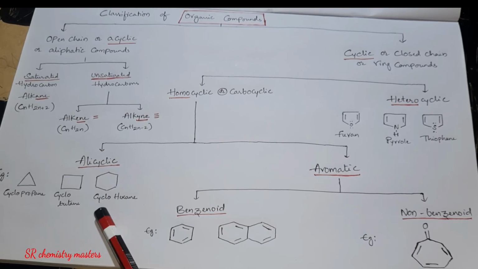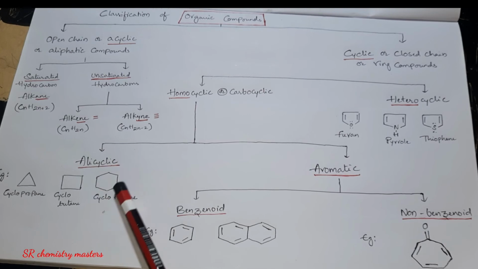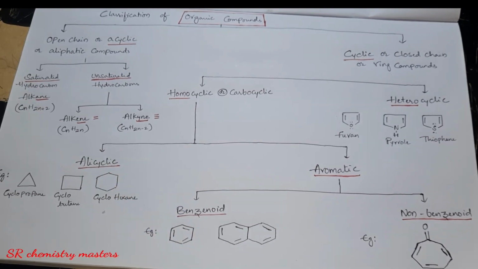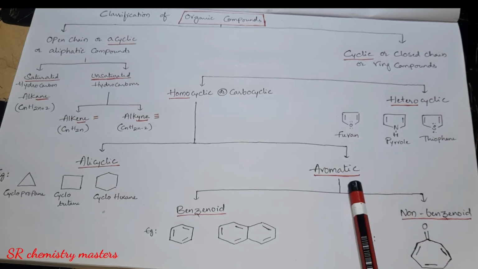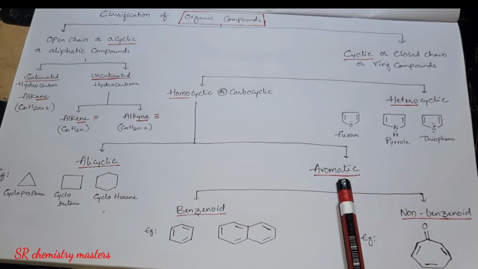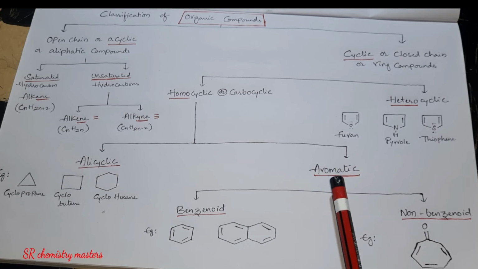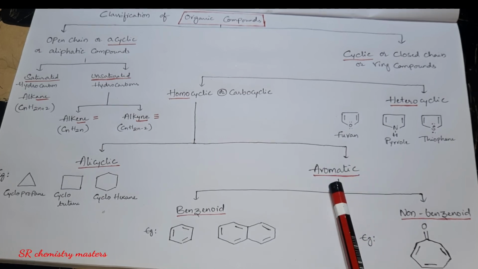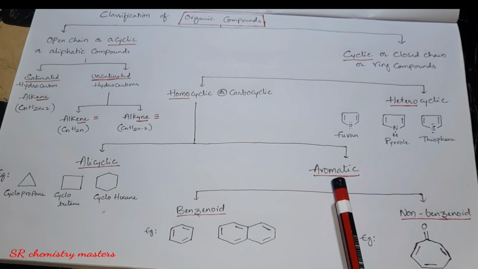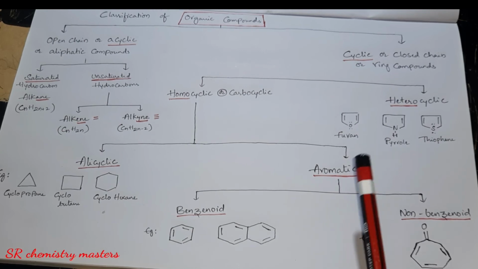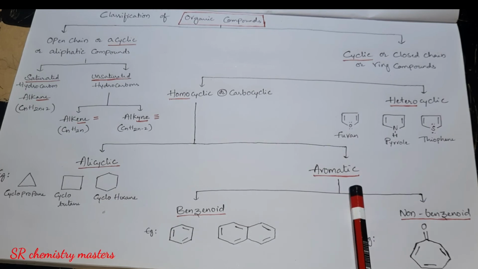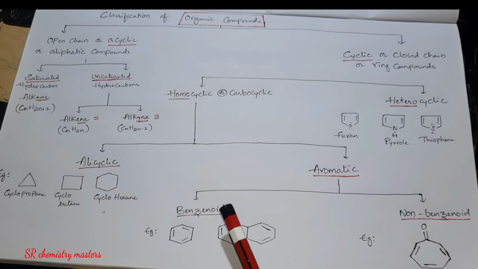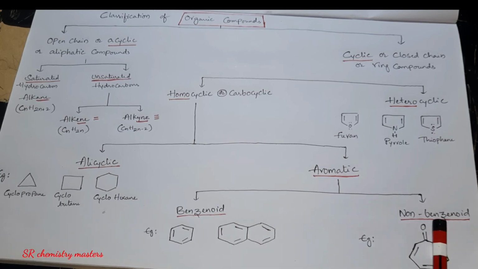If you see here, in this ring structure we have only carbon atoms bonded to each other, whereas in aromatic compounds, remember, aromatic compounds are those compounds which give fragrance. In organic chemistry, aromatic compounds are those compounds which have alternate double bonds and delocalization of pi bond. Aromatic compounds are again classified into two types, benzenoid and non-benzenoid.